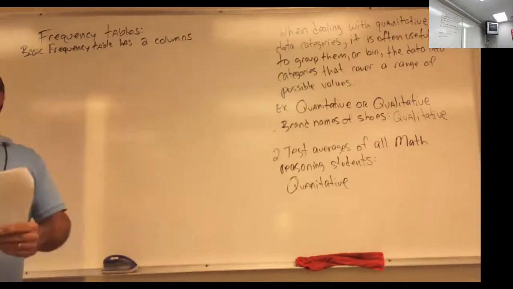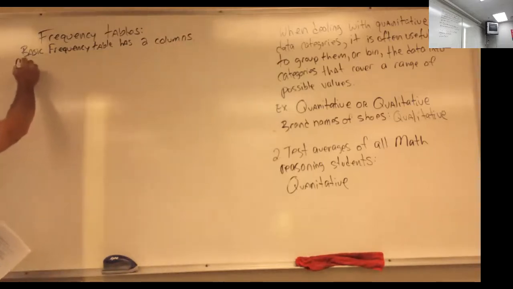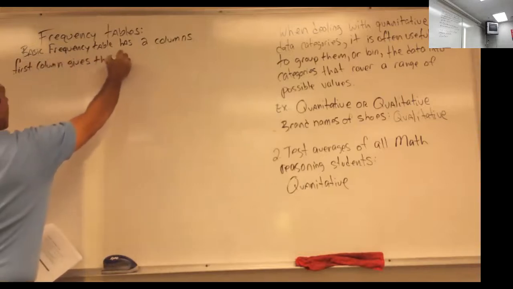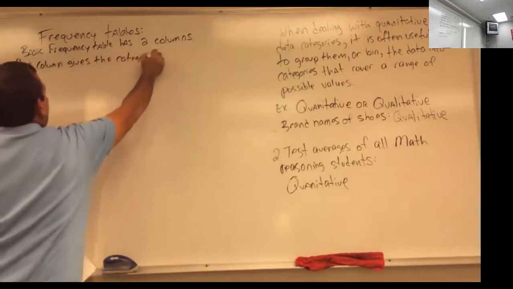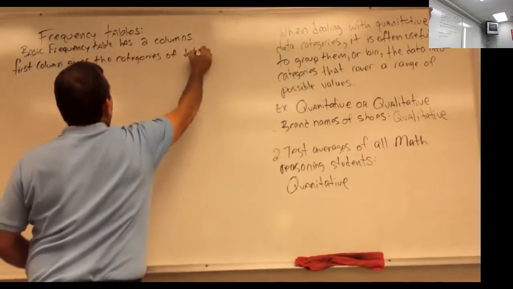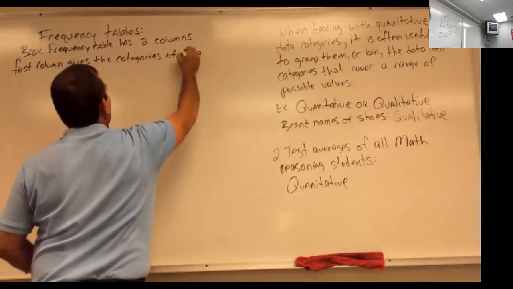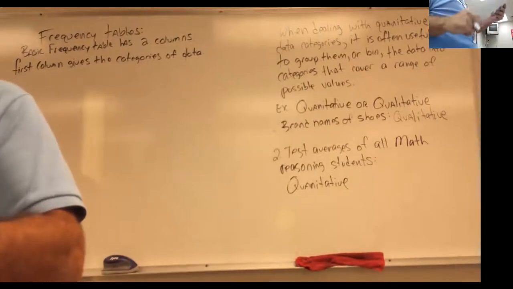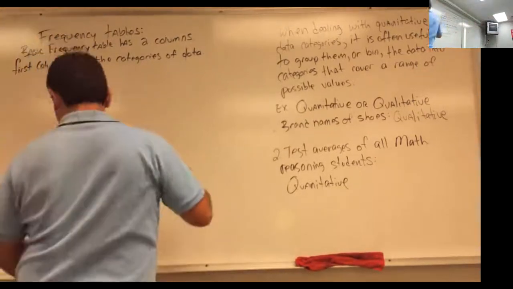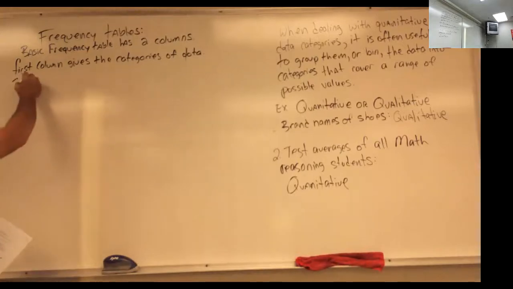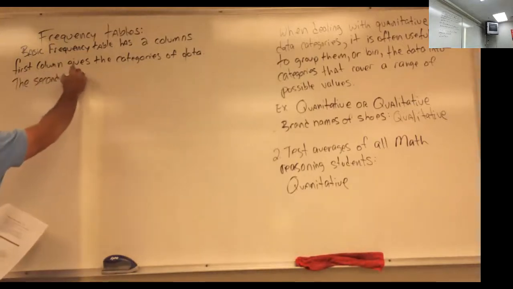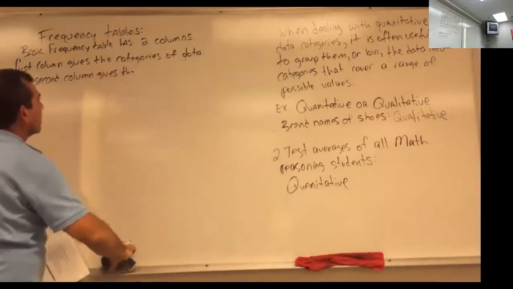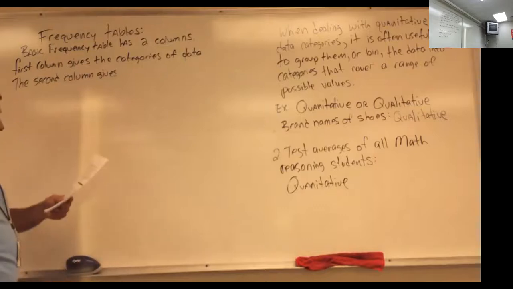The first column gives all the categories of data. The second column lists the frequency of each category.